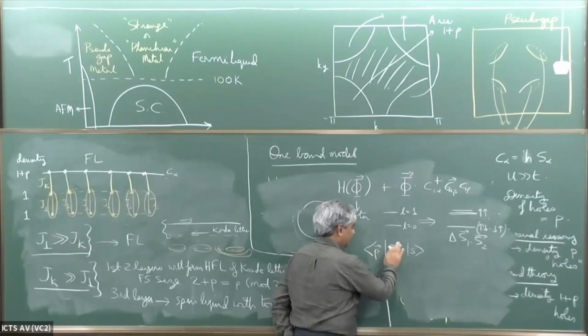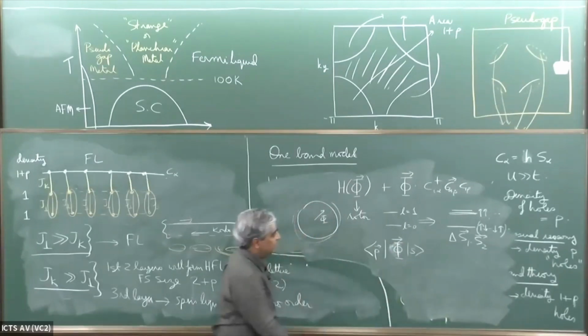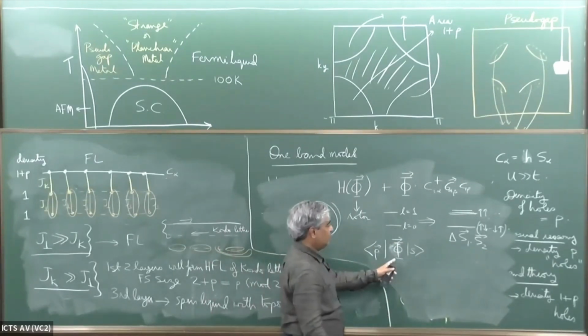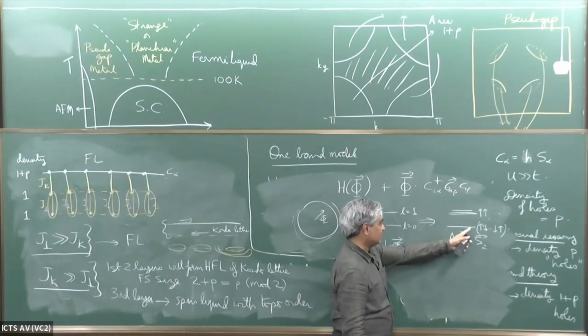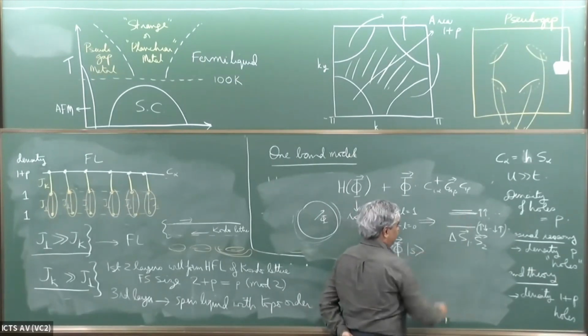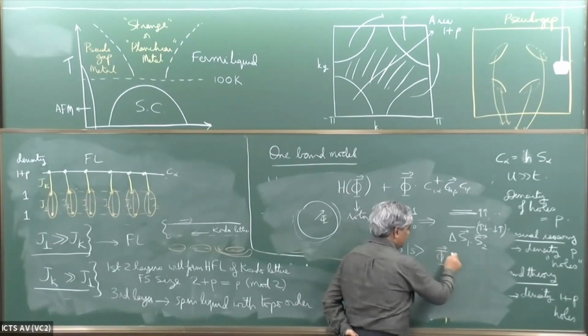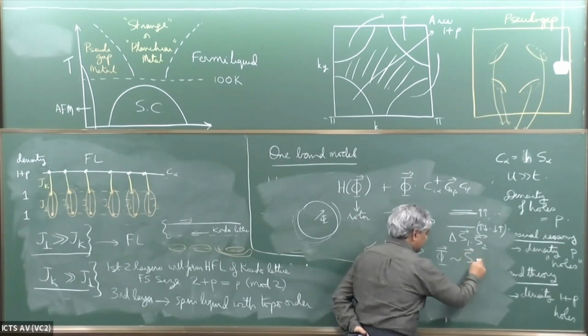That's what phi does. So similarly, you have to ask then, what is the operator here that takes you from the singlet to the triplet? Well, the operator that takes you from the singlet to the triplet is not S1 plus S2, it is S1 minus S2. So phi is something like S1 minus S2.